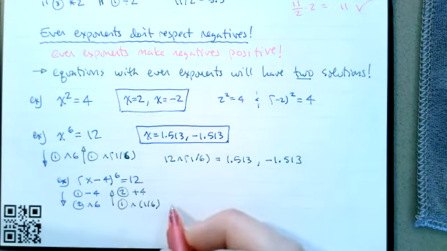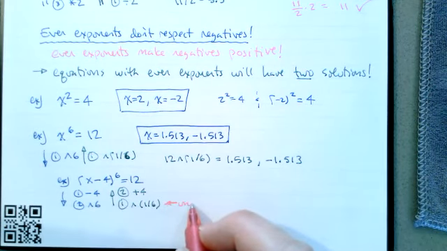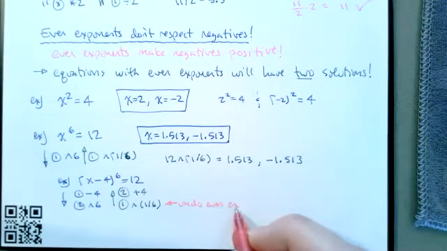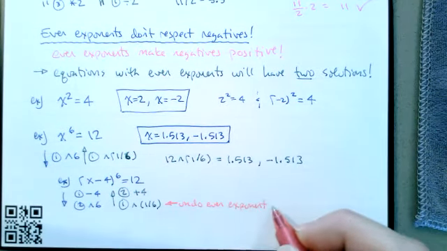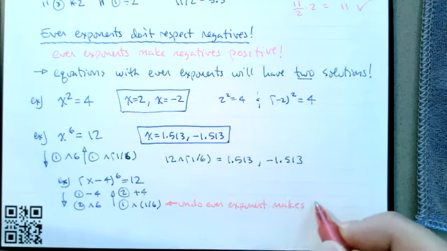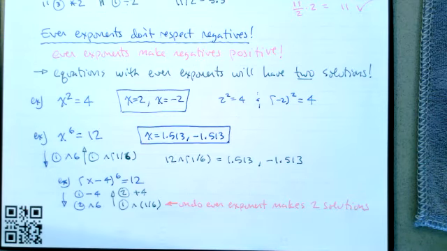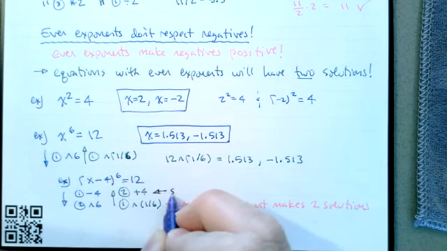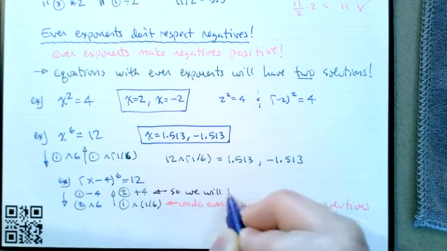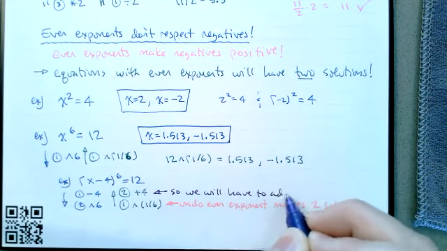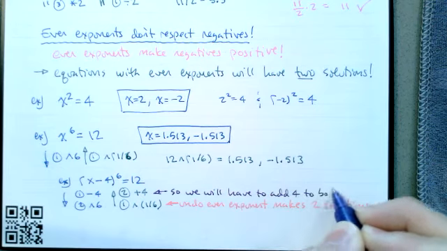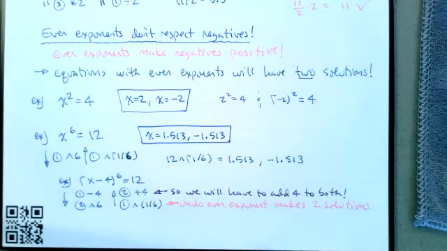So when we undo an even exponent, this is where we make two solutions. This is where they split when we undo the even exponent. And so we will have to add 4 to both of the solutions. So that's where the two solutions show up, when we undo the even exponent.